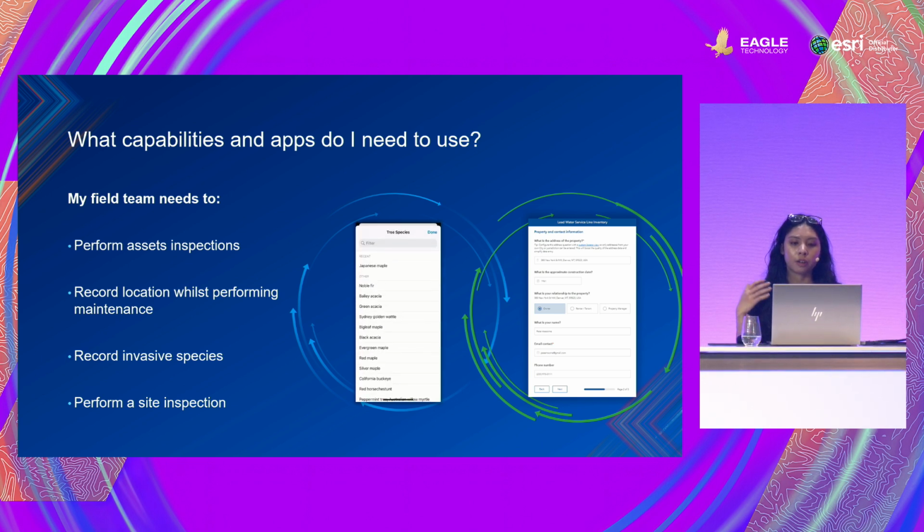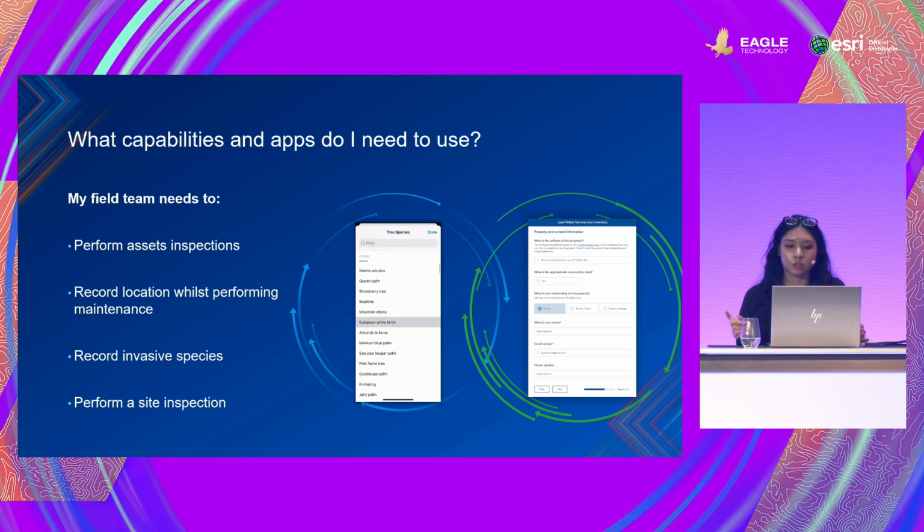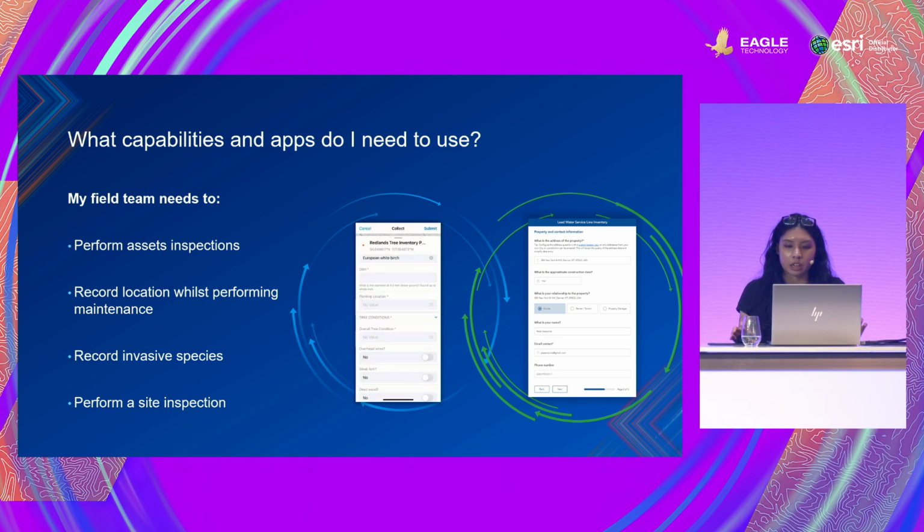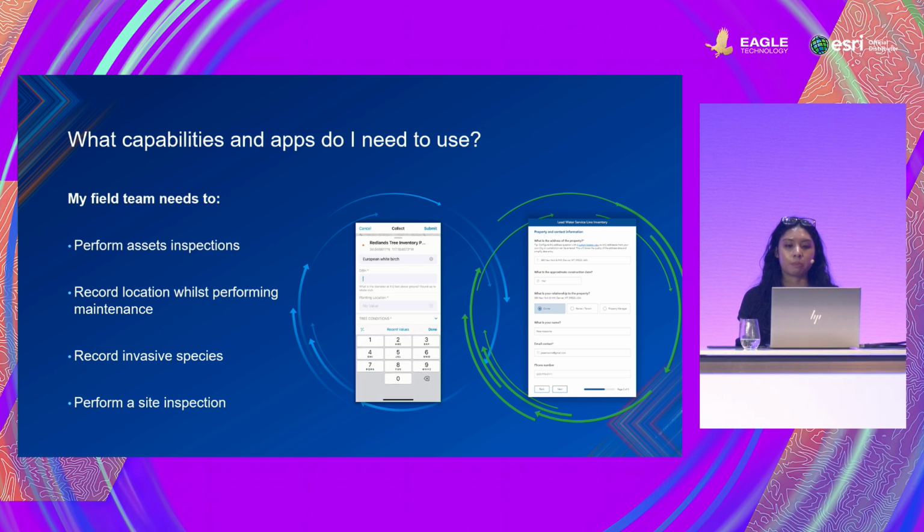You can start by viewing or gathering information from a map using FieldMaps, getting a clear visual on the assets or the sites, and then if the task requires a more complex form, you can seamlessly switch to Survey123 to fill out the detailed forms. And the best part is information can be passed between these two apps with ease.